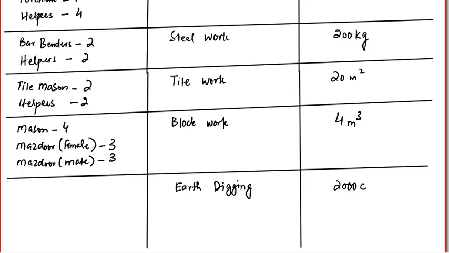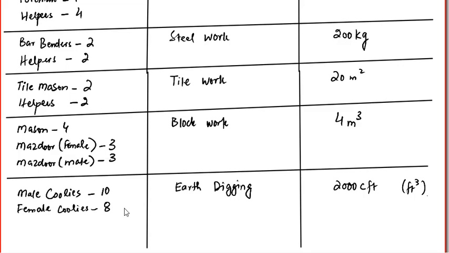Obviously it will be cubic feet, right? For 2000 cubic feet of earth digging, you do not need any mason, you need coolies. We call them coolies or labor. Male coolies you may need 10, and if female laborers are available, you may need 8 female coolies.